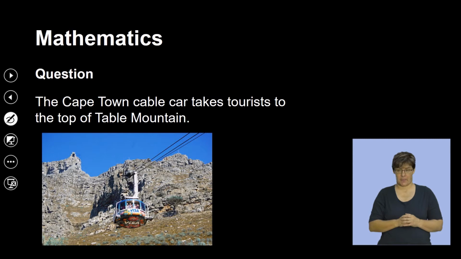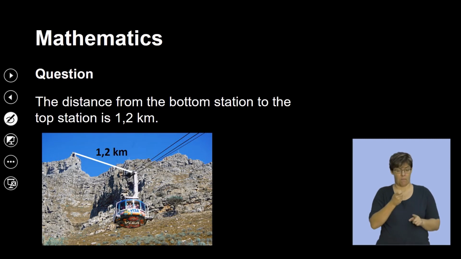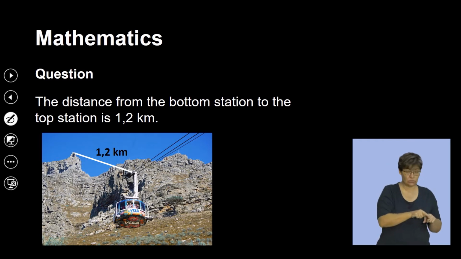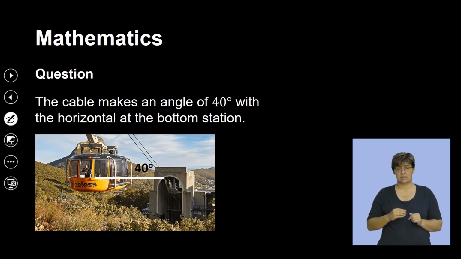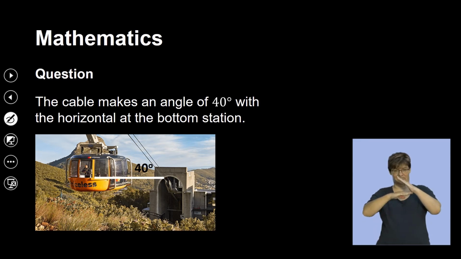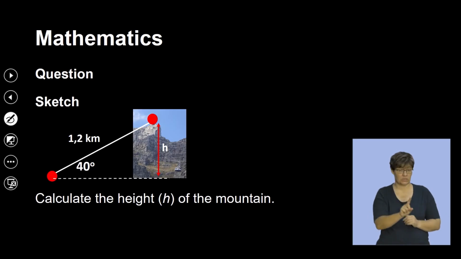What we want to know is, if the distance from the bottom station to the top station is 1.2 kilometers, we want to find the angle that the cable makes with the horizontal at the bottom station, which is 40 degrees, you can see from that. Then the big question will be: calculate the height, right? The height being from the top of Table Mountain down to the horizontal surface. What will then be the height?